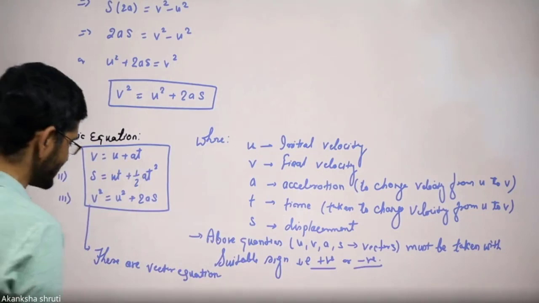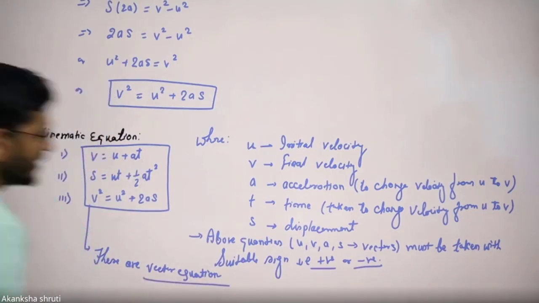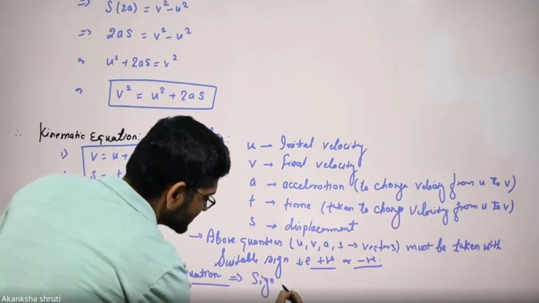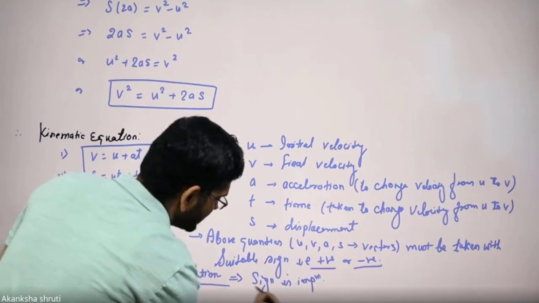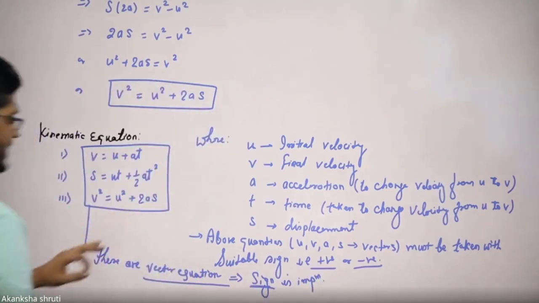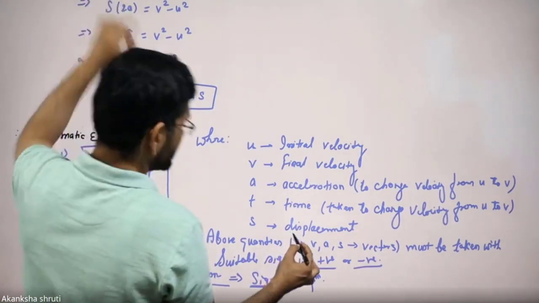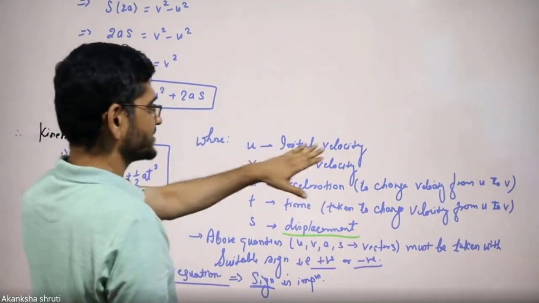Only time is a scalar, and time can be associated with anyone. Therefore, taking the sign is important. So we must include this quantity with its sign. Keep in mind, S here is the displacement, not the distance. Getting it now? And these are velocities.